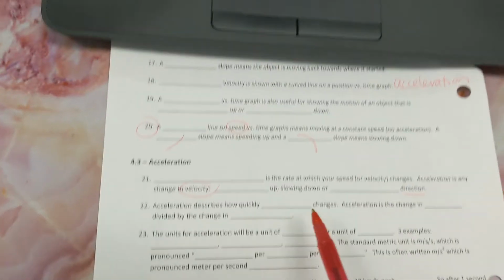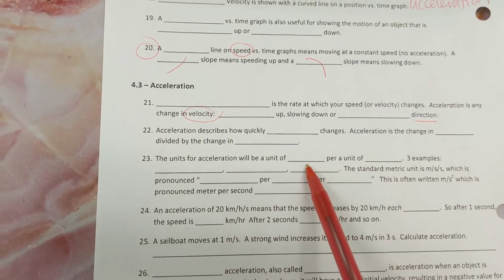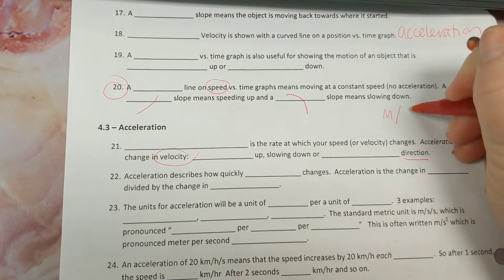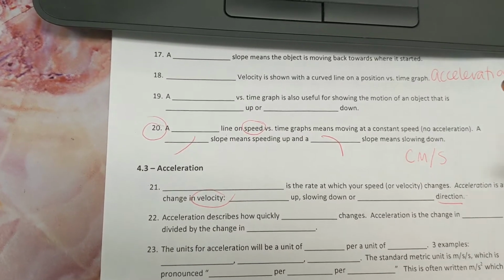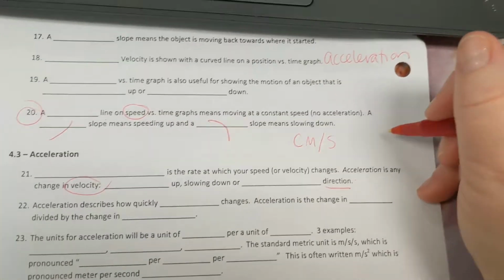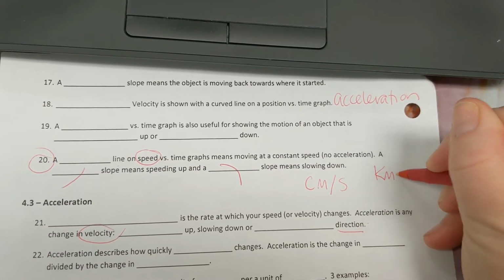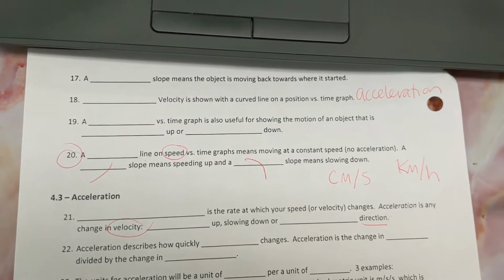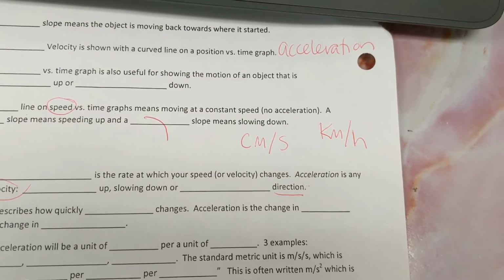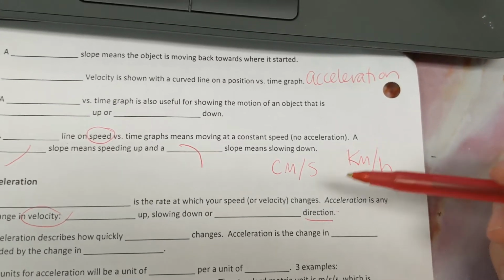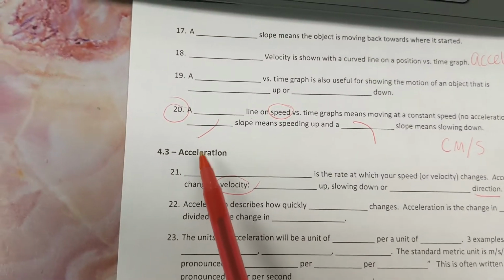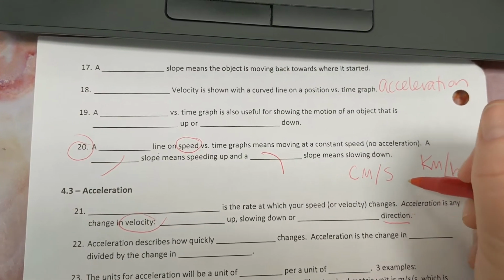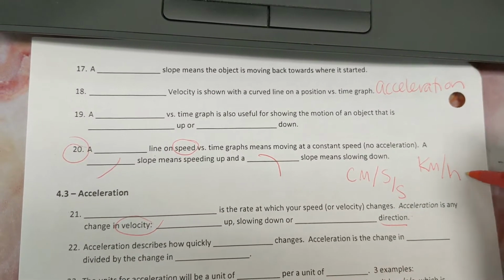Now, we learned in the last chapter that the units for speed are going to look like meters per second, or in our lab we did centimeters per second. We also did a lot of problems with things like kilometers per hour or miles per hour, as people often use in this part of the world. But if acceleration is change in speed over time, then the units are going to be over time once again.